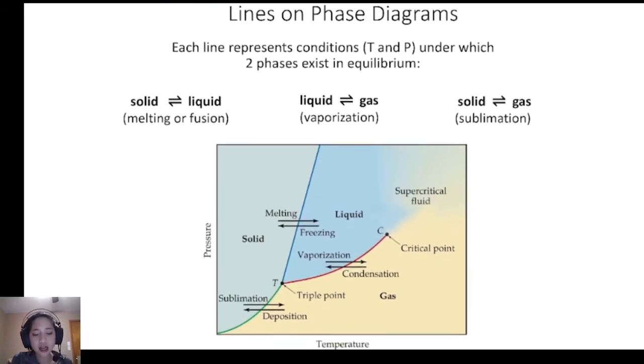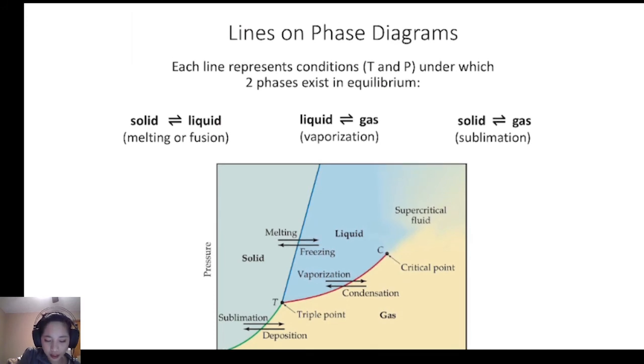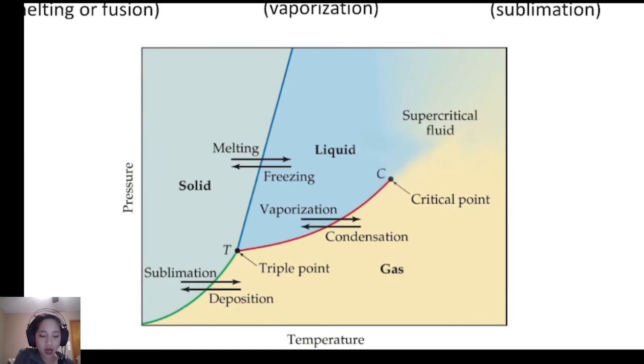So then the lines on the phase diagram indicate the equilibria, or our phase changes. All right, so these are the solid lines here.